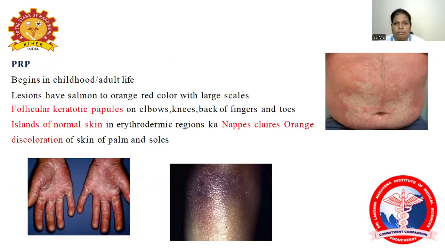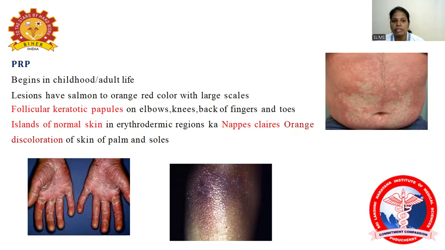So coming to other conditions like pityriasis rubra pilaris. It begins in childhood or adult life. Here you can see lesions with orange-red, fine to large scales, and follicular keratotic papules on elbows, knees, and back of fingers and toes. And here you should know about the nappes claires, which is nothing but sparing of islands of normal skin.